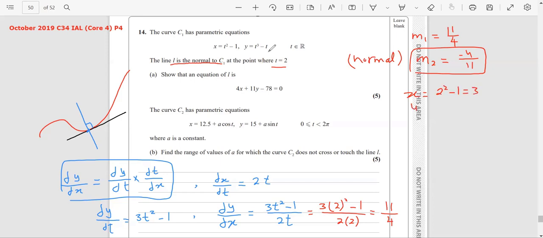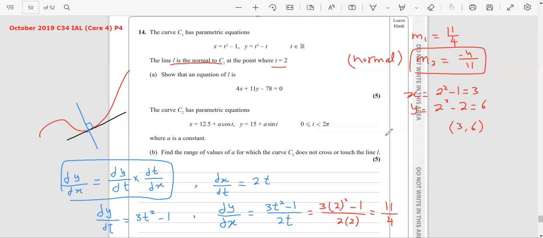And y is 2 cubed minus 2, which is 8 minus 2, which is 6. So the point is (3, 6), where the normal meets the curve.